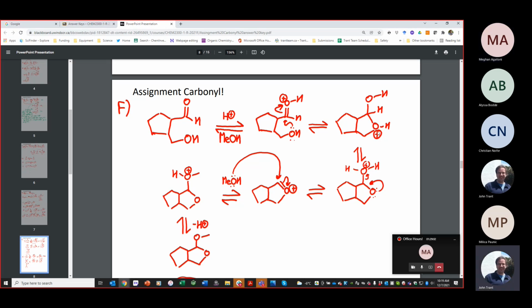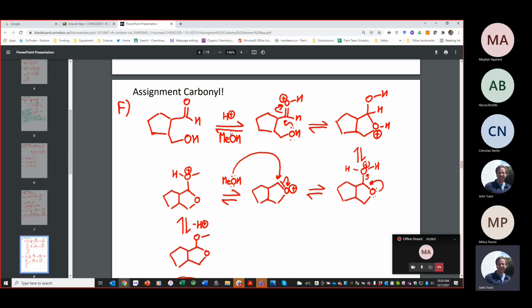That's a really good question. If I was in water, absolutely. But I'm in methanol. And so at this point, there's nothing stopping this from continuing, and methanol can now just replace the water. Why is that favorable?